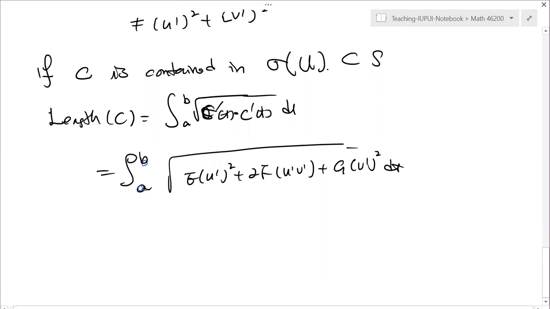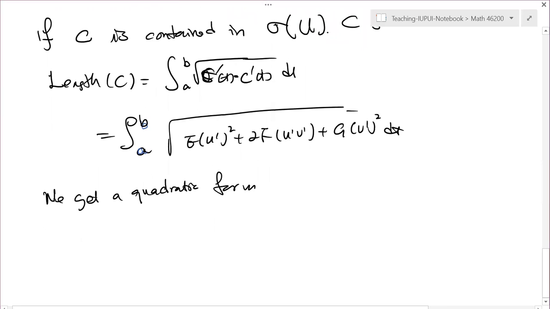You get a quadratic form. How can I define the quadratic form? This is a quadratic form, and I use this notation.